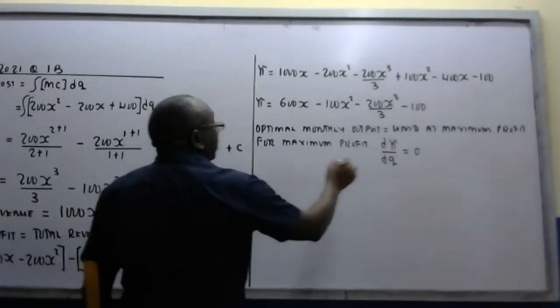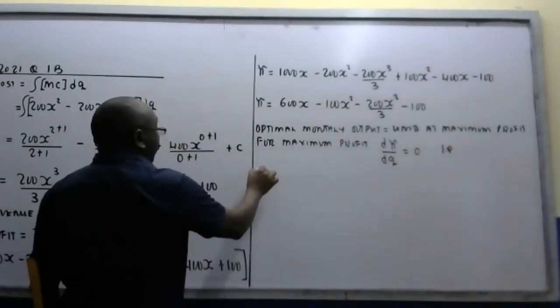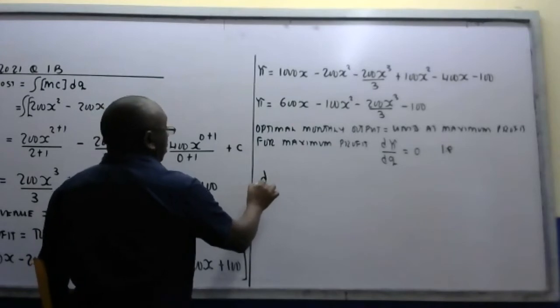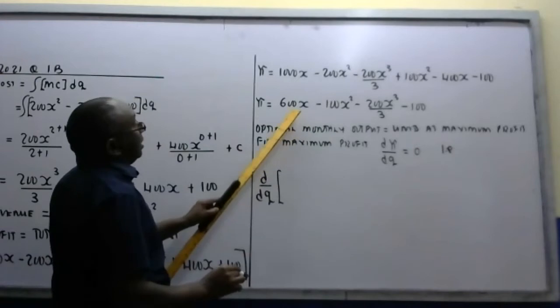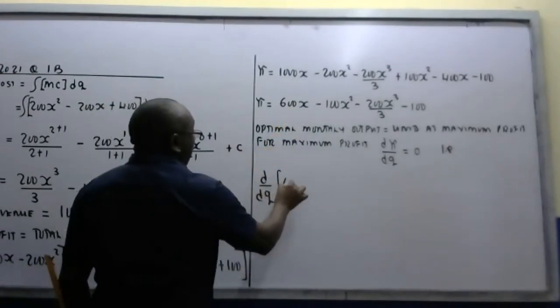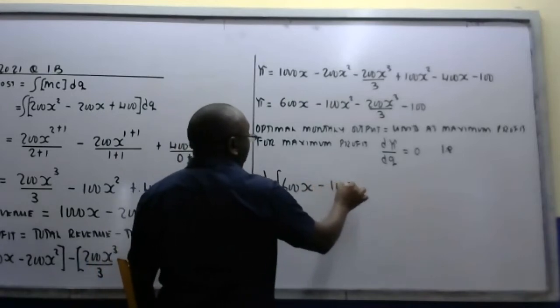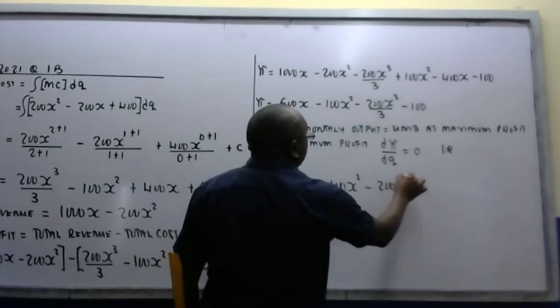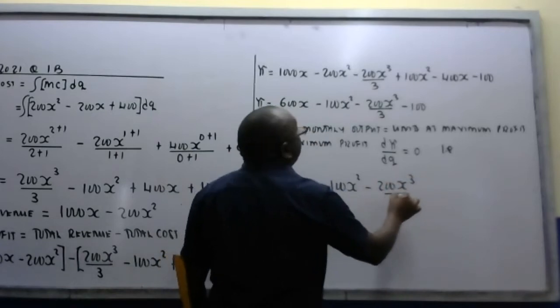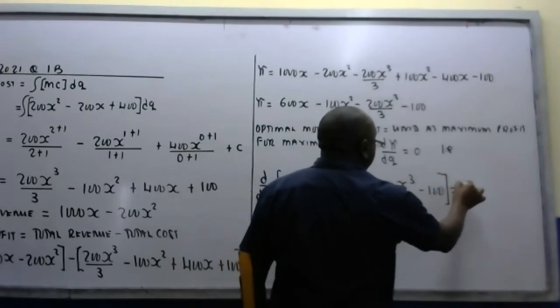That is, if I get the differential with respect to q of this function, 600x minus 100x squared minus 200x cubed out of 3 minus 100, I should get 0.